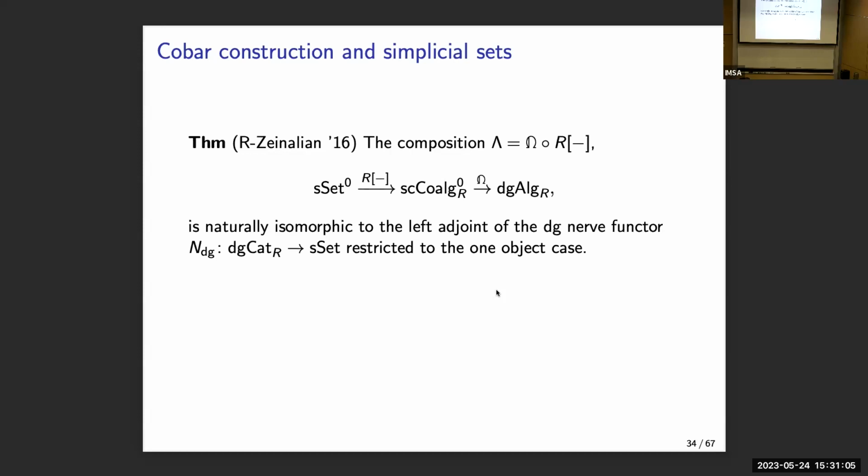This nerve functor, when restricted to DG categories with one object, produces a simplicial set with one vertex. This construction is a right adjoint. The left adjoint is exactly on the nose, again, it agrees with the combinatorics of this construction. It is exactly this composition of functors: chains followed by the co-bar construction.